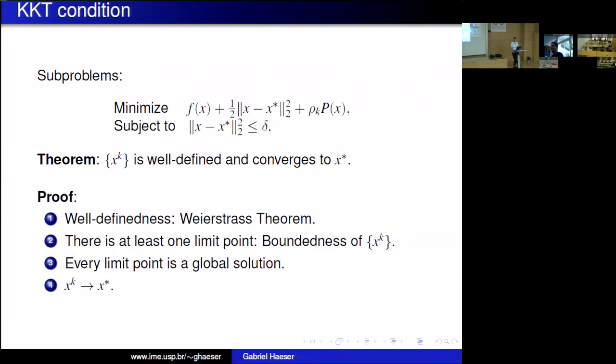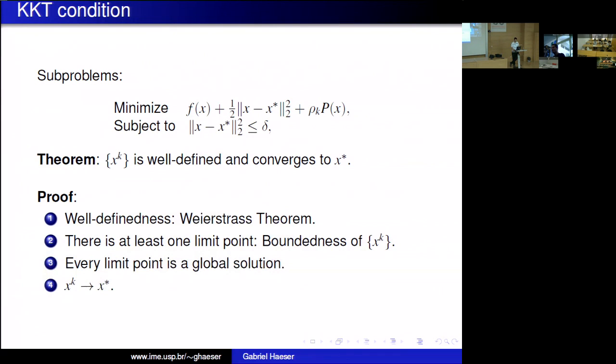We have proved that external penalty methods generate sequences whose limit points are global solutions when the feasible region is not empty. So every limit point is a global solution, but there is only one global solution, so it must have only one limit point.